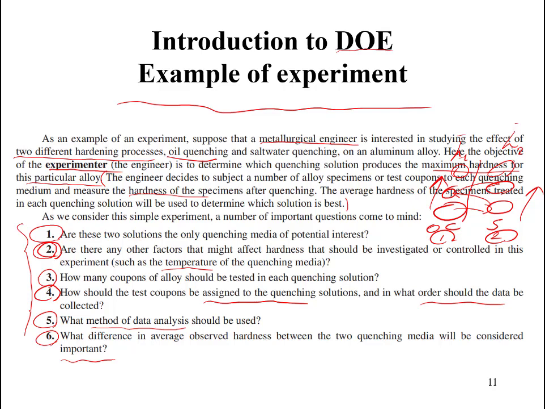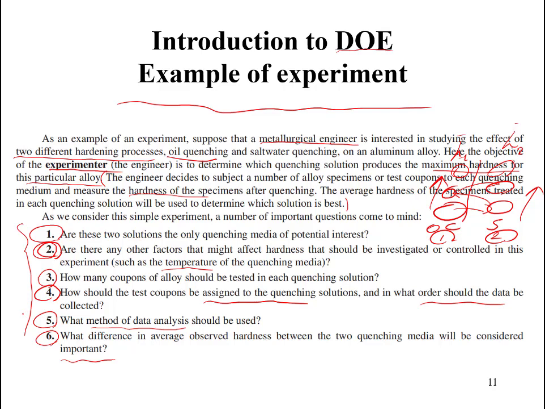Because these go together. When you decide about your design of experiment, how many samples, what the factors should be, what the responses should be, it will affect the method which you can use for data analysis.